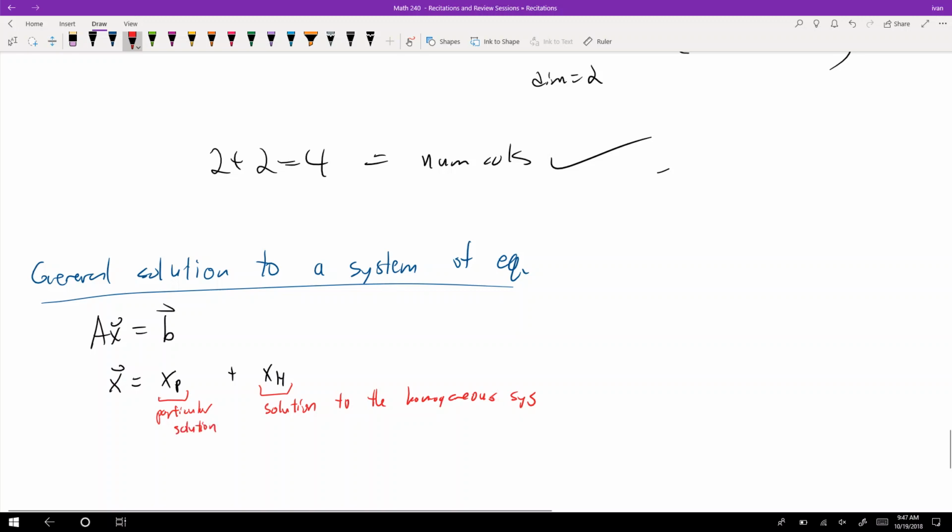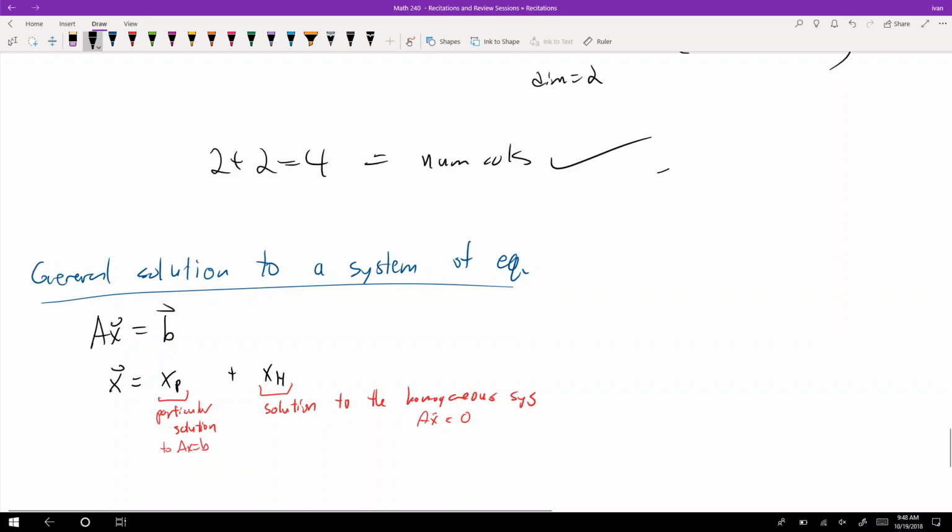So what is xp? Well, xp literally just means anything that satisfies Ax equals b. And the homogeneous system is Ax equals 0. All right. So x can be written as the sum of these two.